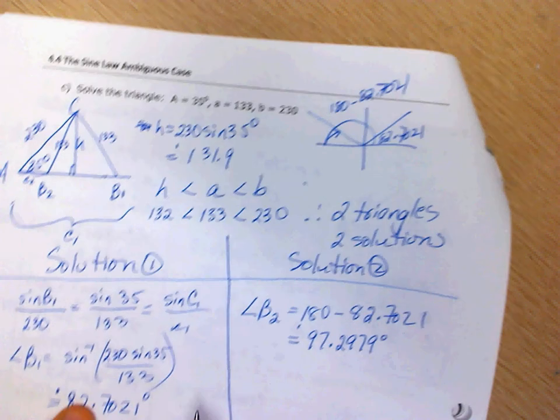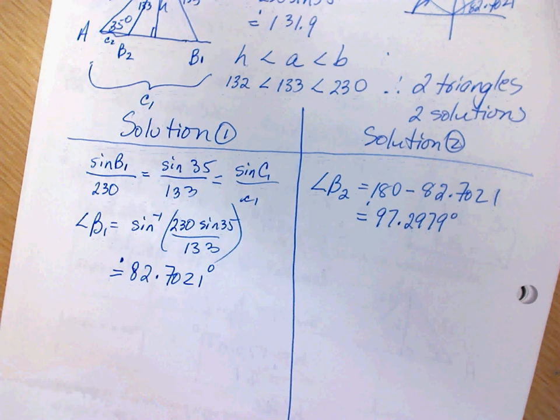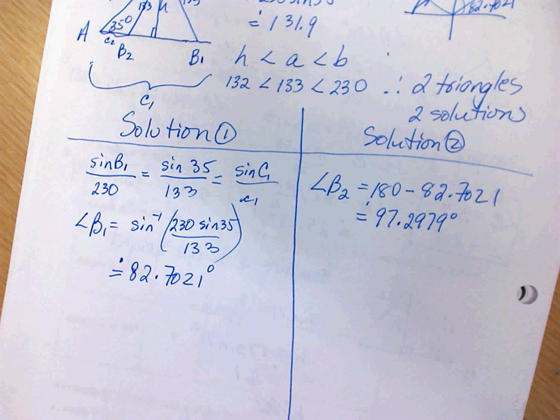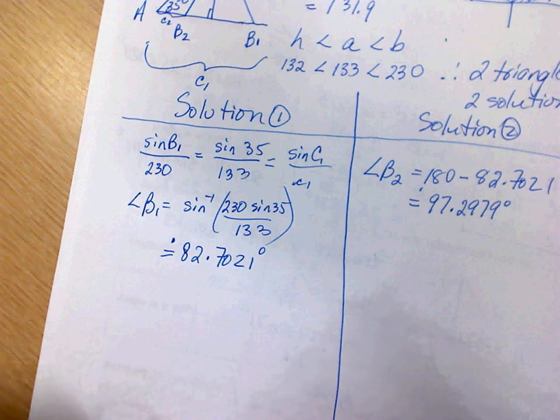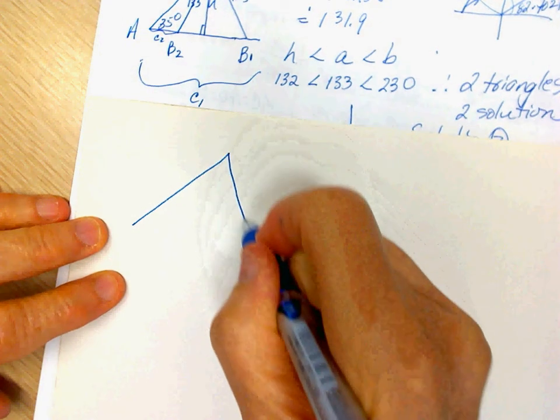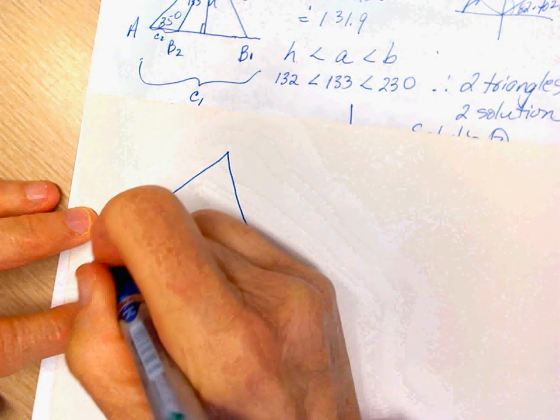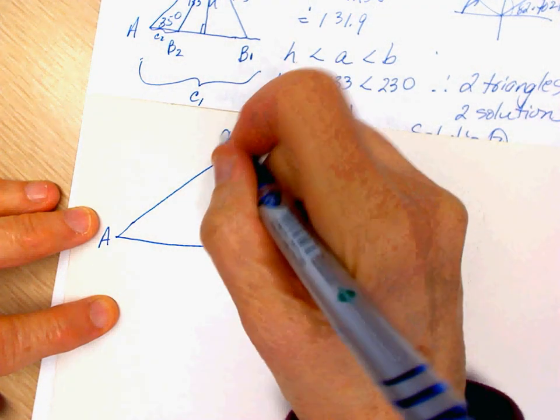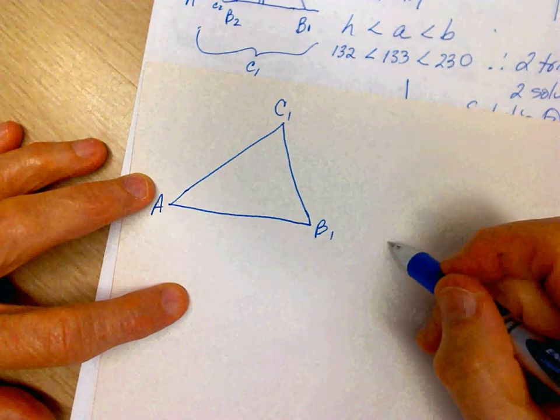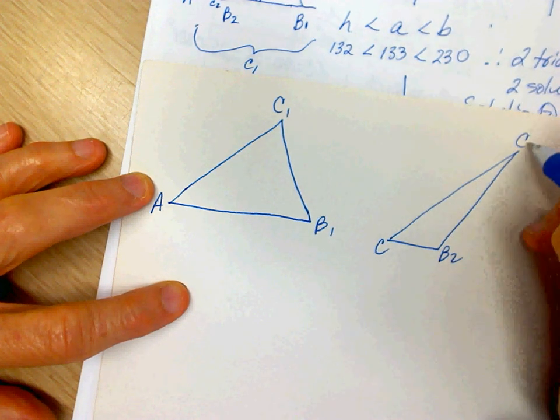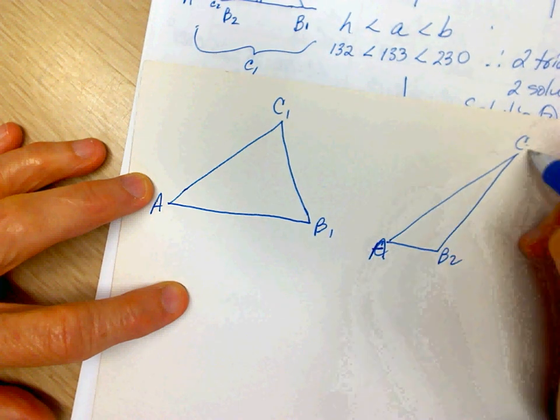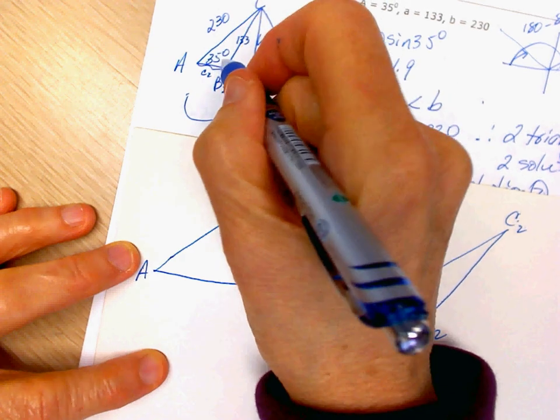Yes? Could you just point out where angle B2 is on the actual triangle? Yeah. Why don't I draw? Let me draw it so it's nice and clear. This is A, B1, C1. Fair enough? Then this one is B2, C, oh, that would be A, sorry, that would be C2. So B2 is here. Do you see it's larger than this guy?